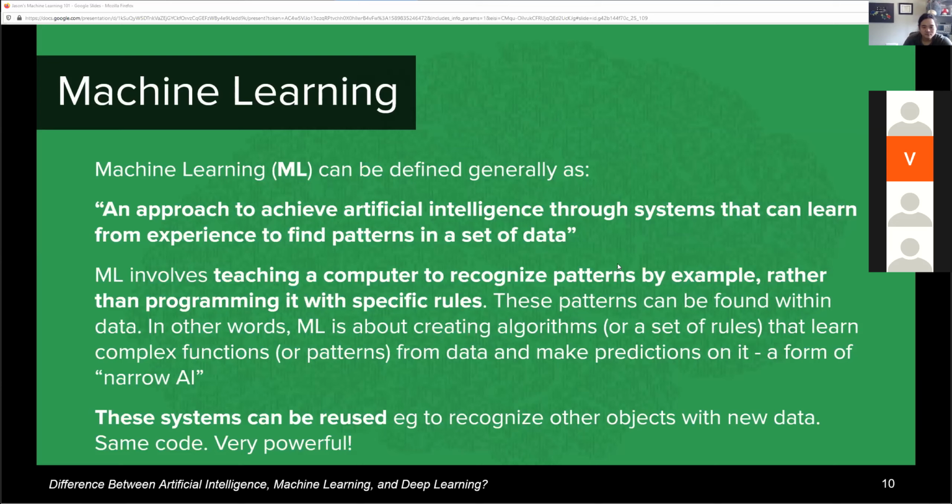So it's essentially teaching a computer to recognize patterns by example, rather than programming with specific rules. So the patterns can be found in data. Machine learning is about creating algorithms or a set of rules that learn complex functions or patterns from data and make predictions on it, a narrow AI essentially. And you can reuse these systems to recognize other objects with new data.